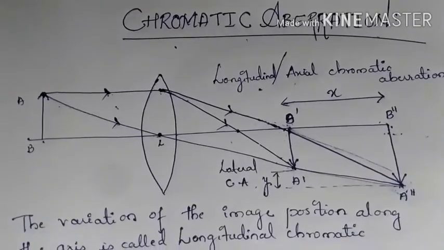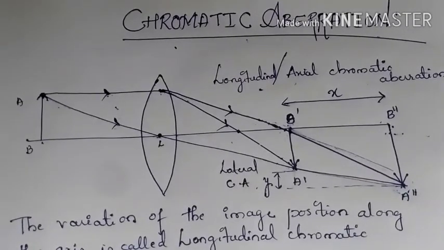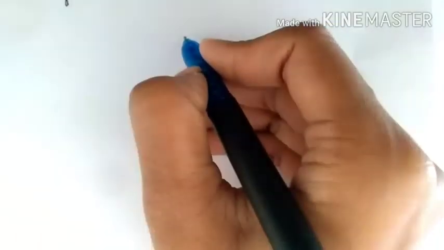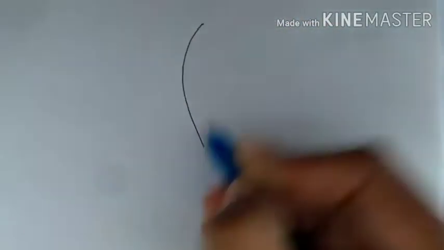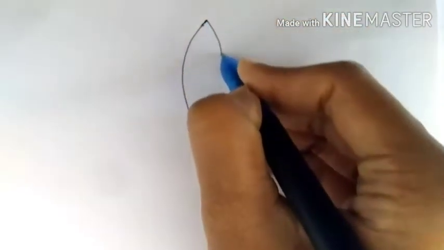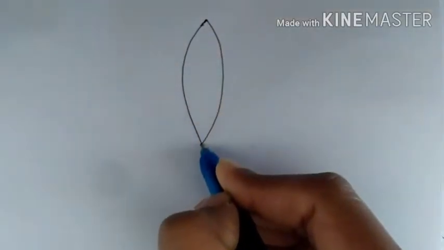So now let us draw the actual diagram and find what the chromatic aberration will be. Let us have the convex lens again, a thin convex lens.